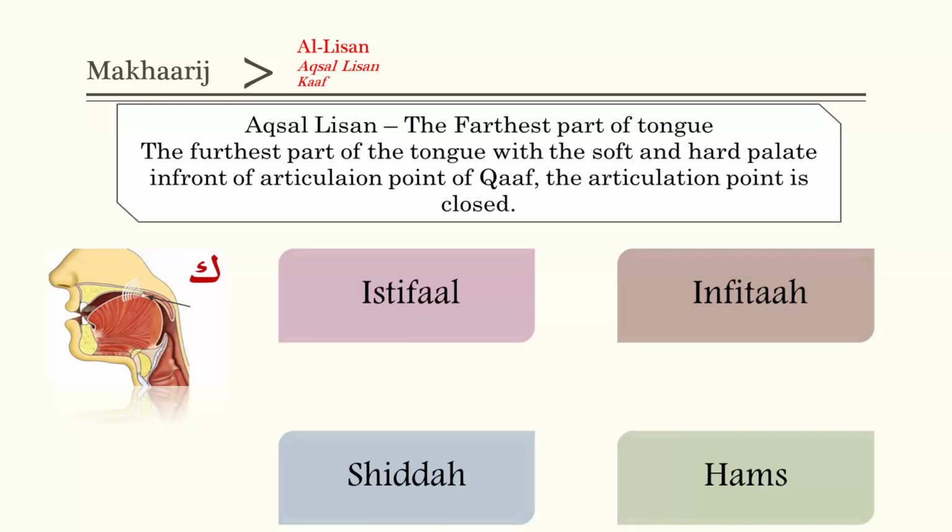Obviously, the qualities came about because scholars observed how letters were pronounced, and then, to help non-Arabs recite Quran properly, all these qualities defining one letter from another came about. So this was the articulation point, and this was not a heavy letter.